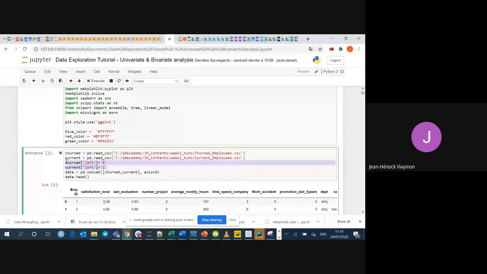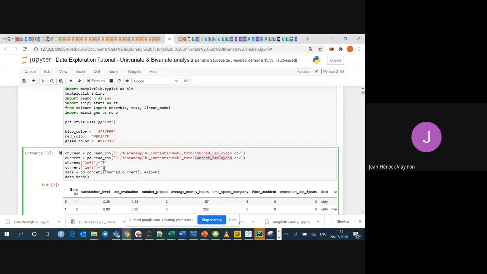Machine learning will be useful to predict which current employees are going to churn, based on the study of churned employee behavior. When we know that behavior correctly, we can characterize the current employees and compute their probability to churn. This is the final goal.